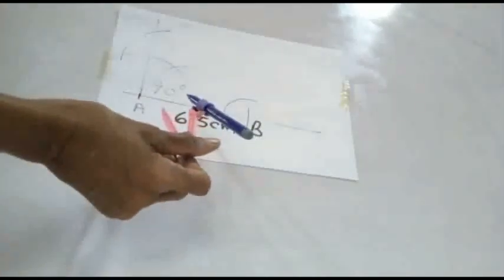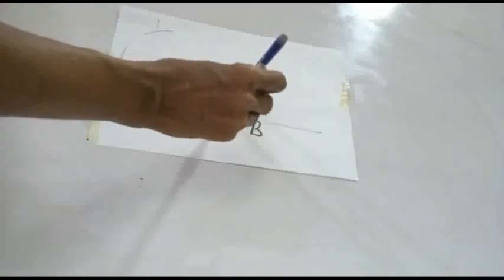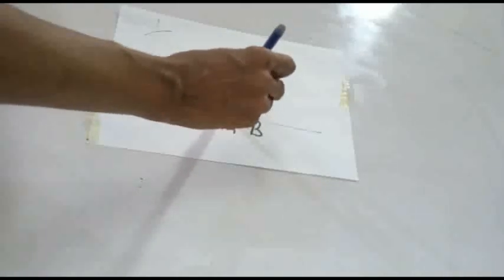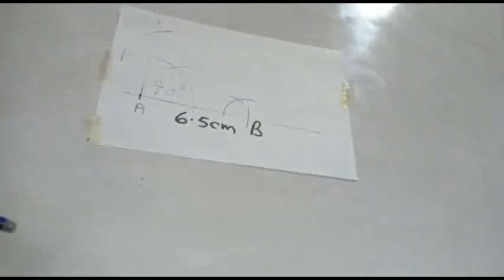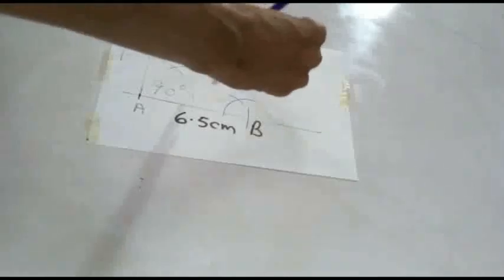With the same radius, take this intersected point as the center and draw another arc. Now 60 degrees here. To construct 30 degrees, we bisect this angle.